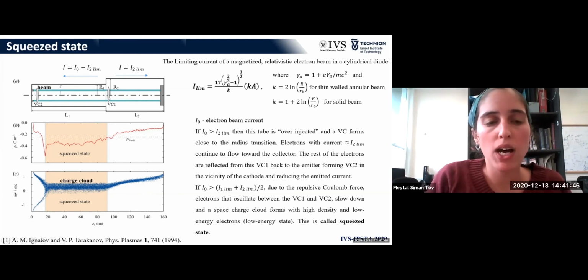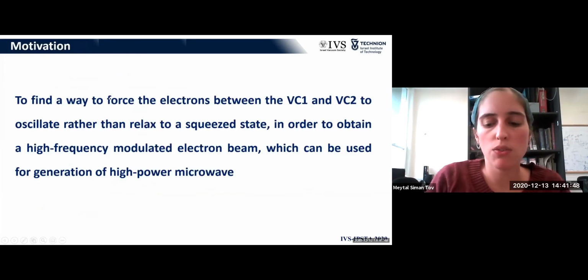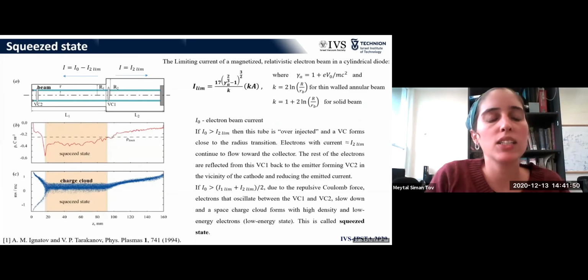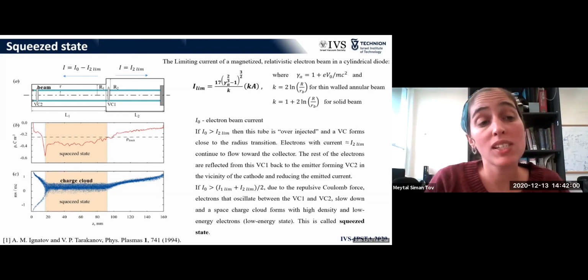From this location, part of the electrons reflect into the narrower tube and form a virtual cathode near the emitter, which screens the electric field on the surface of the emitter and causes a reduction in the emitted current.